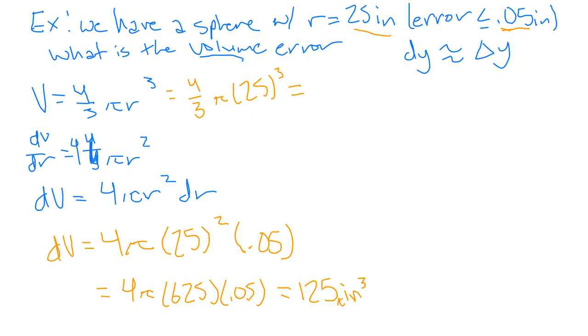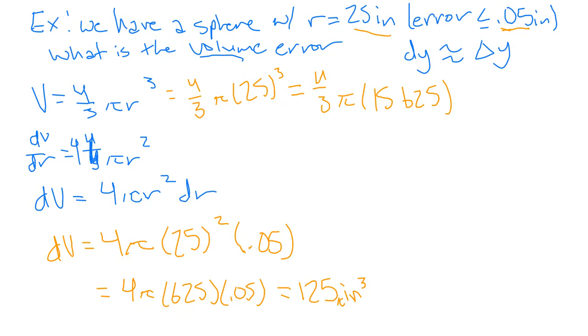All right, so now let's see what we get here. We get 4/3 pi times 15,625.